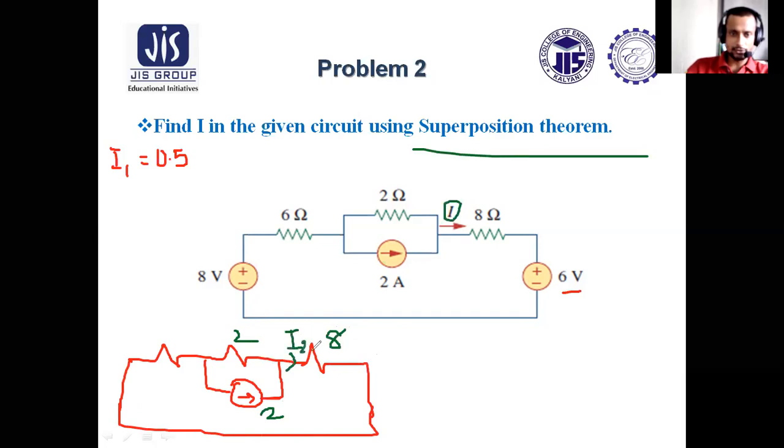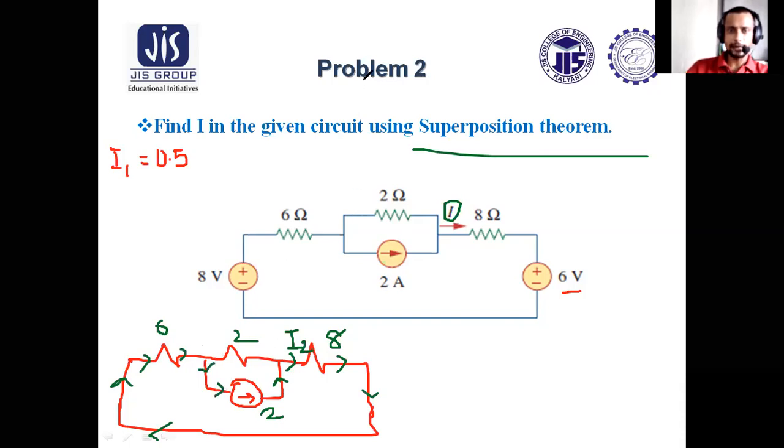Say due to this 2 ampere, this current is I2. This is 6 ohm, and the 8 volt and 6 volt are shorted together. So what will be the current flow path? A current will be flowing from the 2 ampere source like this, through this path, and return back to this.